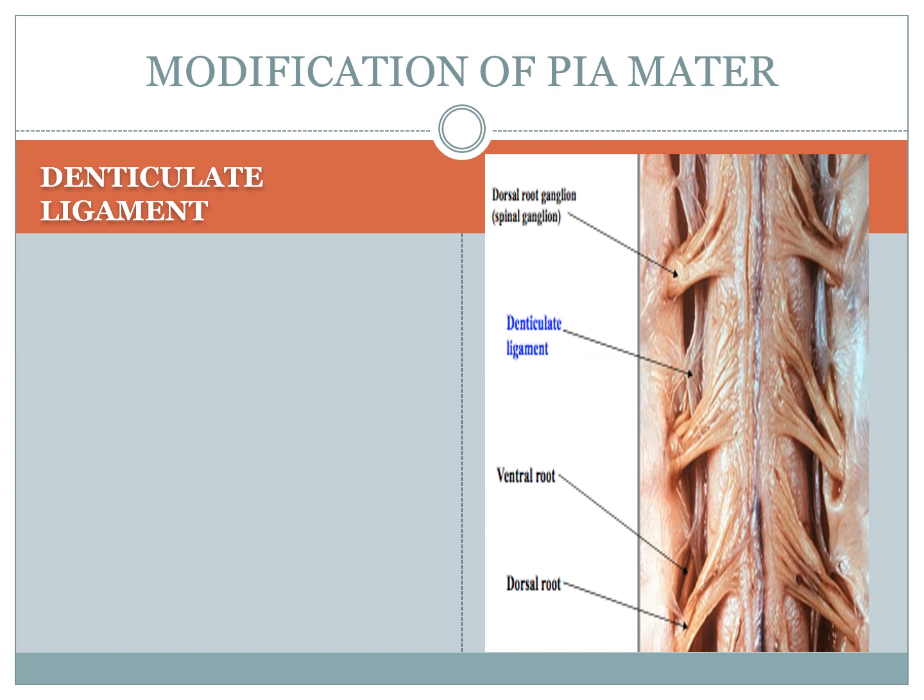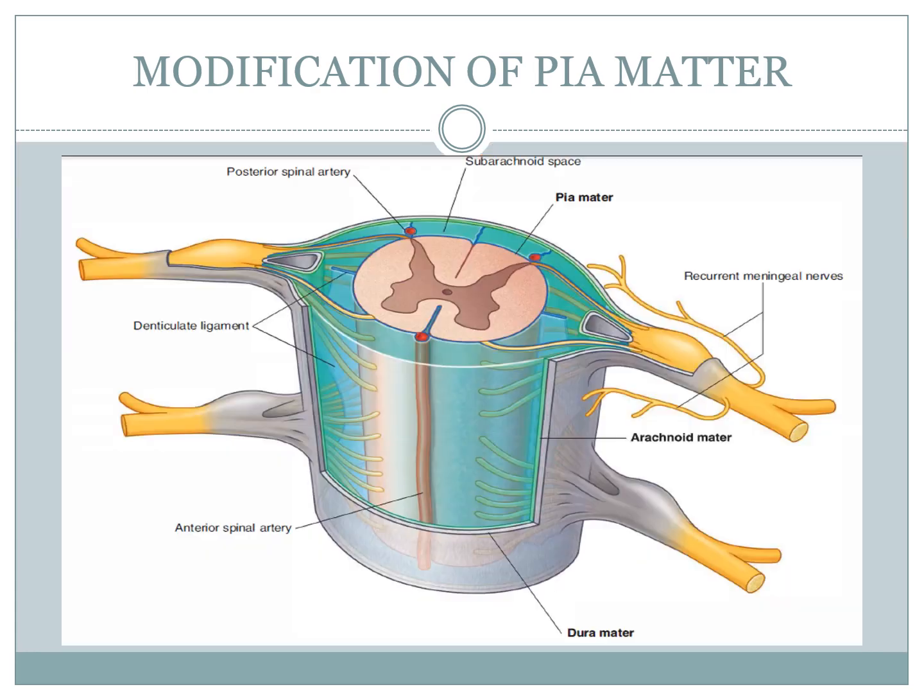The two things responsible for the position of the spinal cord in the center of the vertebral column are the denticulate ligament and the attachment of filum terminale. Here you can see this blue is pia mater, and these lateral extensions of pia mater are called denticulate ligament.